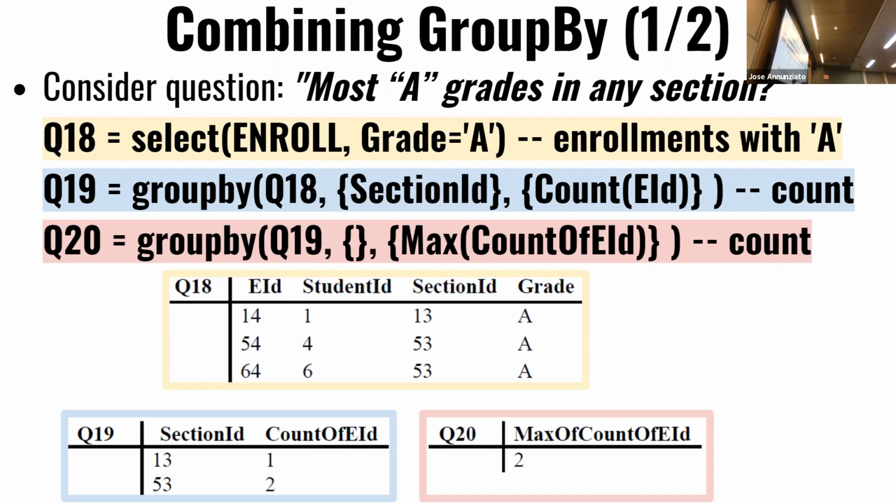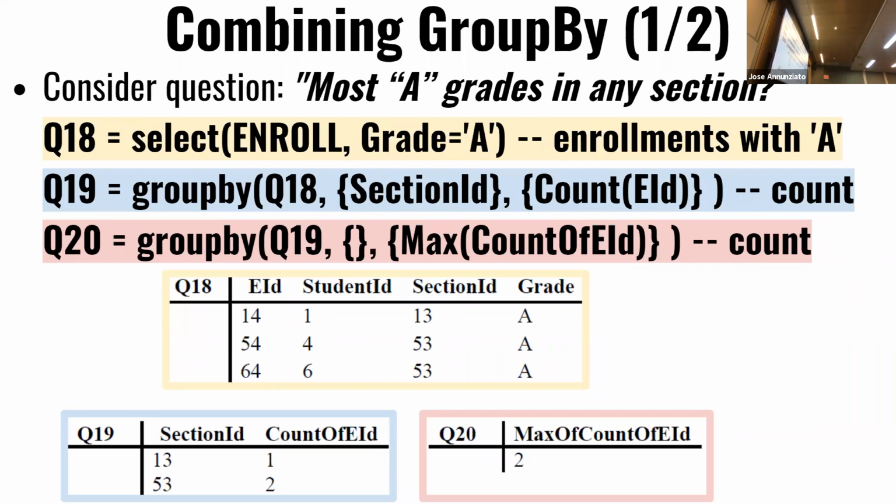Every time you do an aggregate, going from the input into the aggregate, you lose all the fields by which you're not grouping. Since here we're not grouping by section ID, it's not here. So how is it that we can answer which section got that 2? There's no easy answer here.